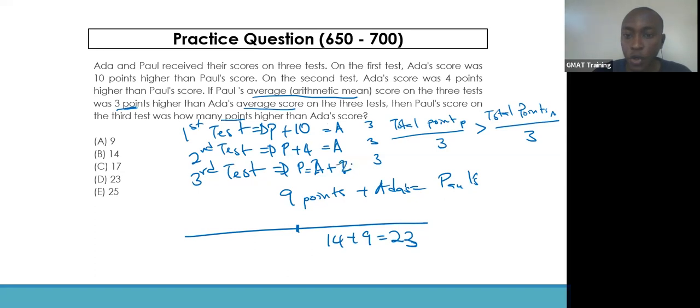So you have Paul's score as Ada plus 23. That should be what Paul scored in the third test, so that he has an average 3 points higher than Ada's, or 9 points more in total points for the first, second, and third test, right? So for that matter, our answer should be D, and therefore D is our answer.